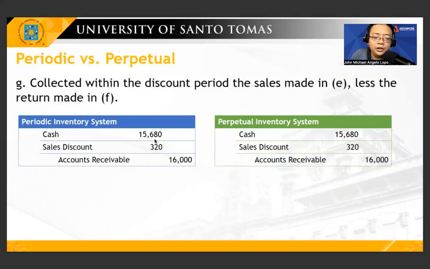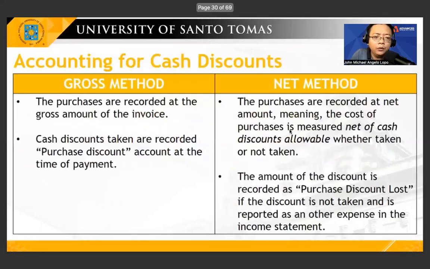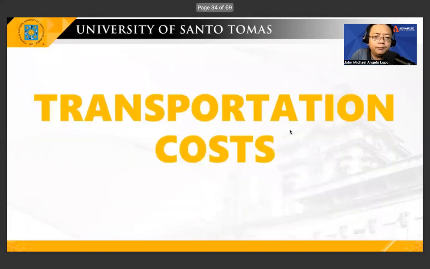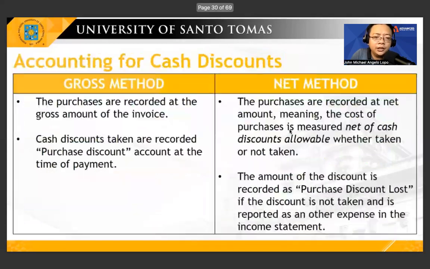So, meaning, you gave 320 discount and your cash is 15,680 and 15,680. Okay? All right. Yan. So, accounting for cash discount. Siguro, I will skip this one, class, ha? But in terms kasi of the cash discount, no? Sige, I will discuss briefly.